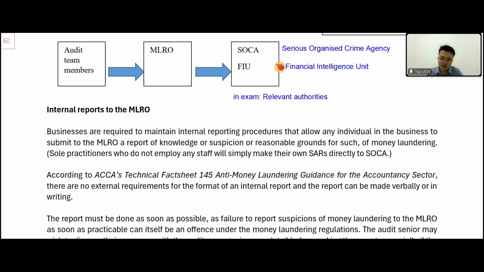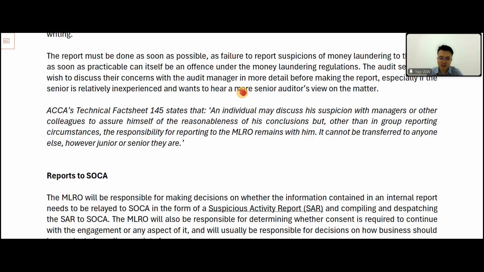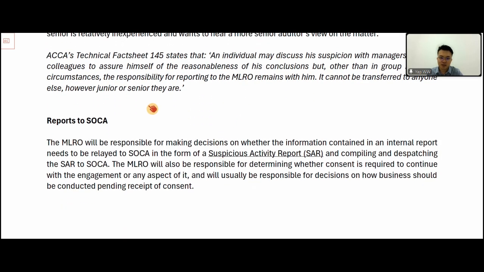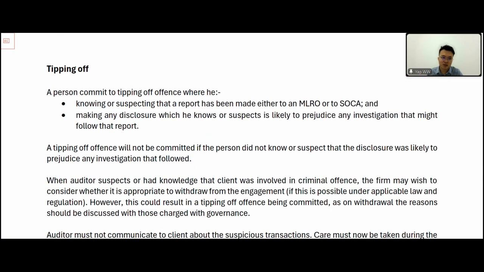Because professional firms like accounting firms, we cannot disclose client information to a third party without any approval, without consent from your client. So you need consent from your client in order to report this. Yeah. So we have to make sure that our evidence is really sufficient for the money laundering. Then only we can report to them. Now, tipping off offense.